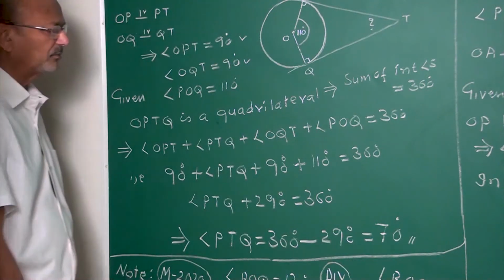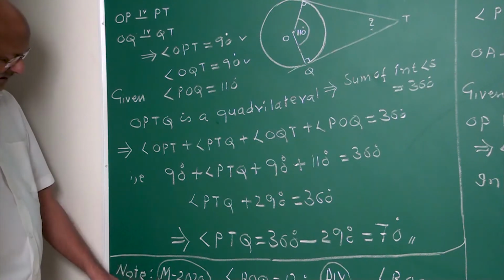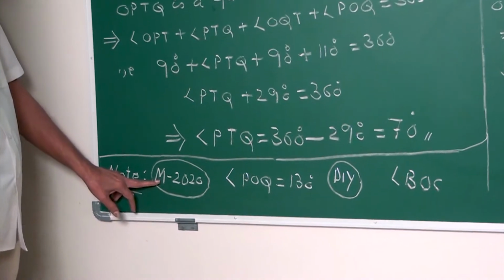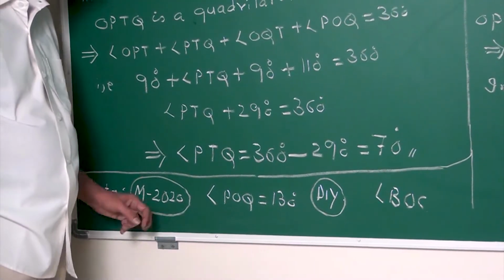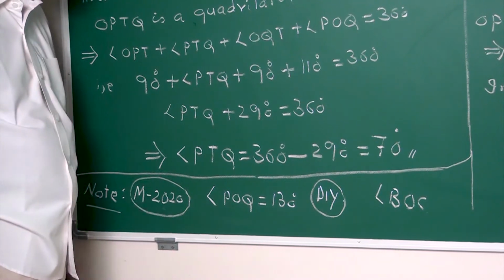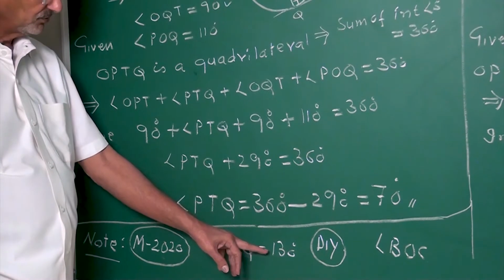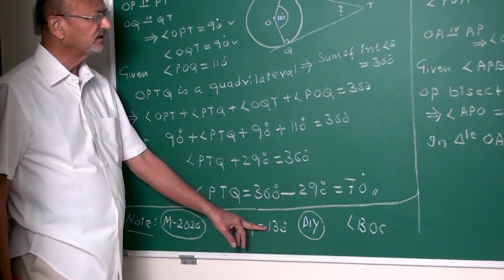Very simple example. This example appeared in 2020, the March 2020 question paper, last year's question paper. What is the change? Instead of 110, they have given 130 degrees.